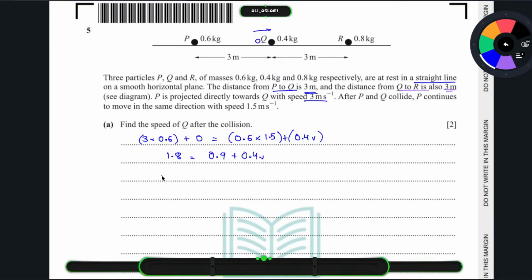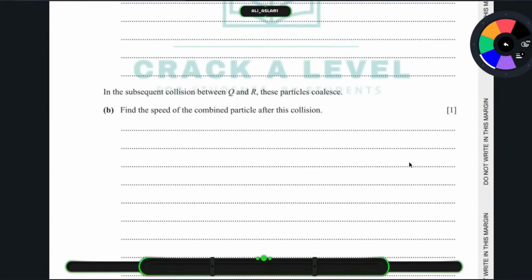So V is equal to 2.25 meters per second. It's faster than P, makes sense.